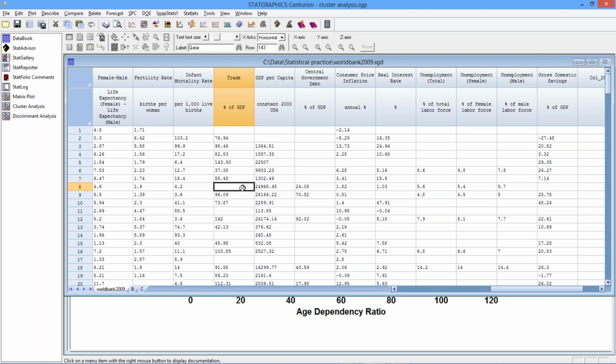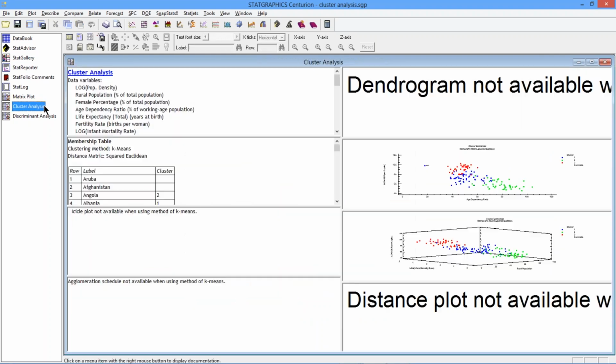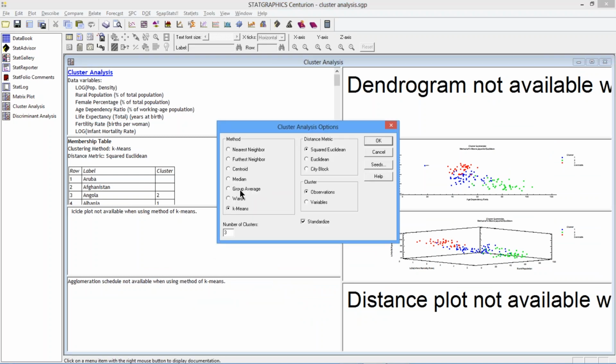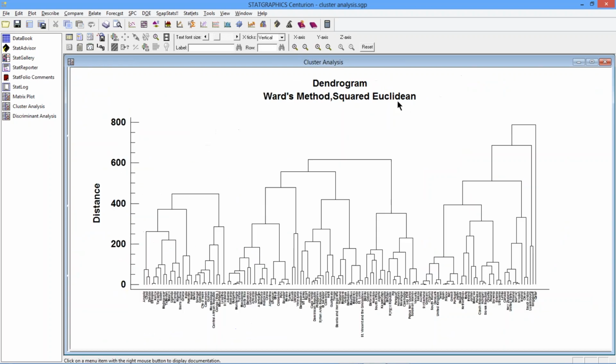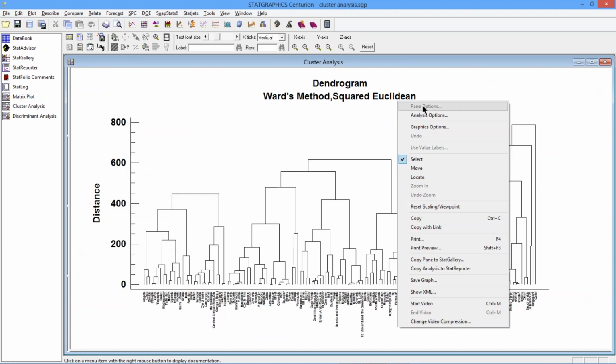A question, can you turn the dendrogram 90 degrees? Well, I don't think so. Let's see. If I go back to Ward's method here, can I turn? No, I can't. If I could, it would be in the pane options.